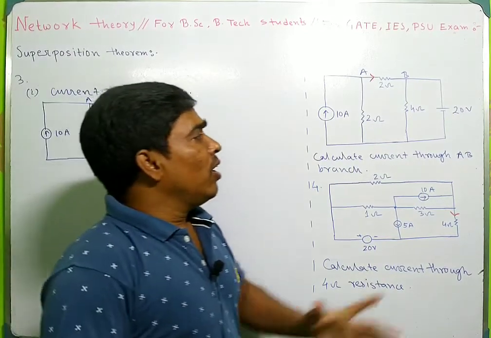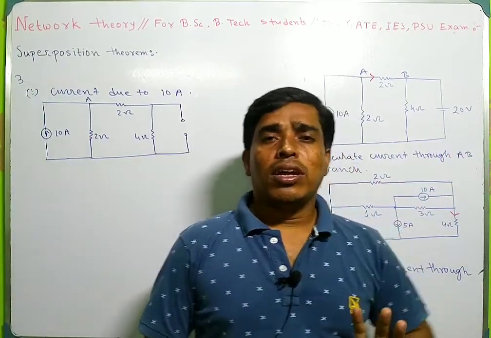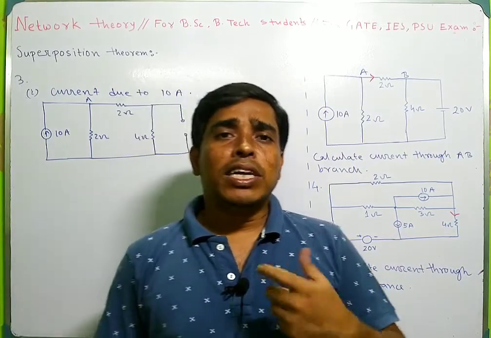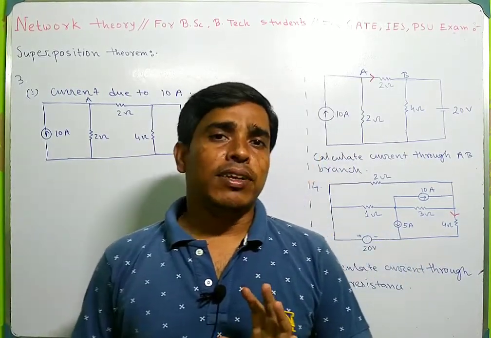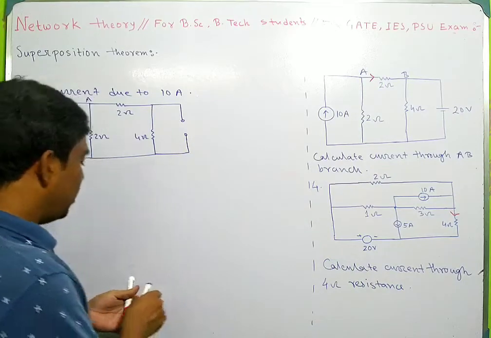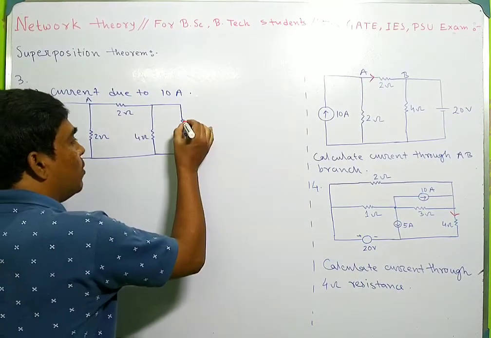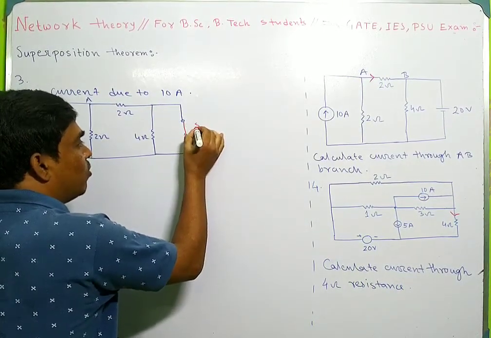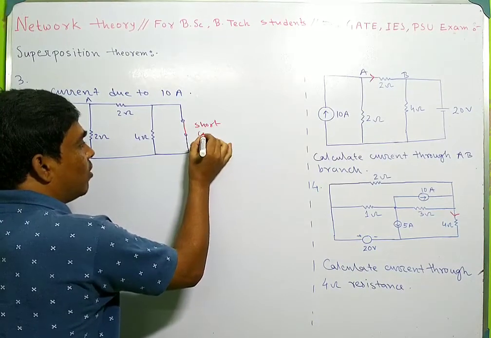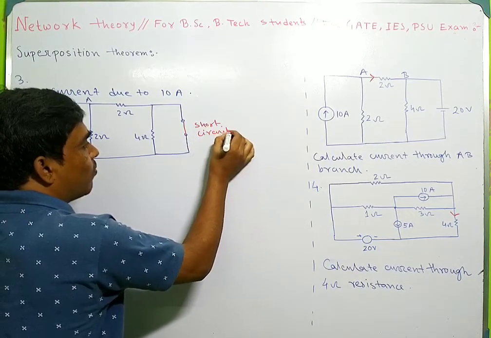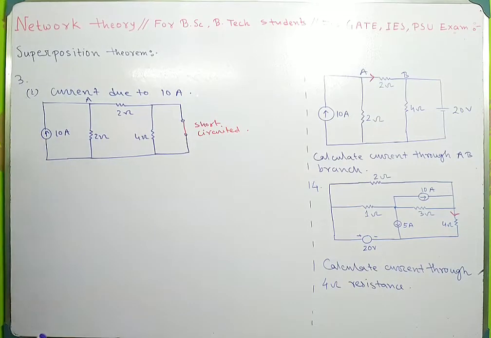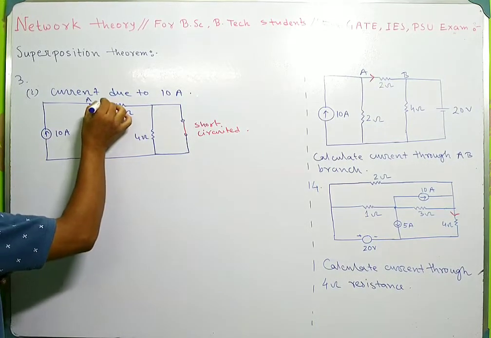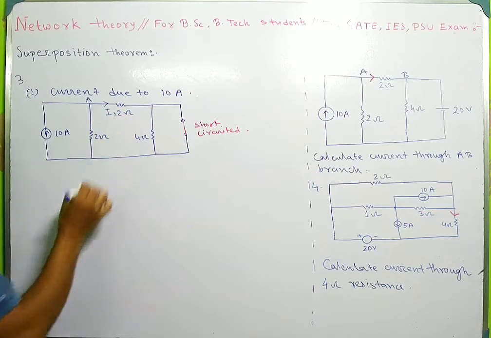Now this voltage source contains very small internal impedance, that's why it must be short circuited. So this is short circuited. Now you have to calculate this current. Suppose this current is I1.